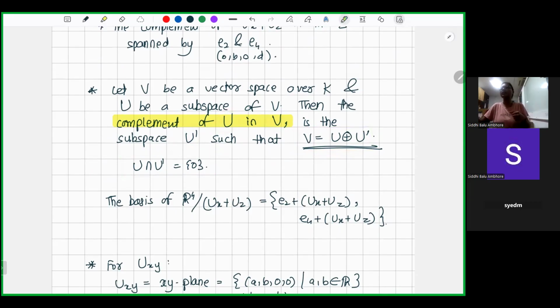In the normal set theoretic complement, if we take the complement of a set in our universal set, then the intersection is empty. But the complement of a subspace in a vector space is something different. We say that a subspace is a complement of another subspace if their direct sum gives us the whole space. Okay, so that is what the complement of a subspace means.